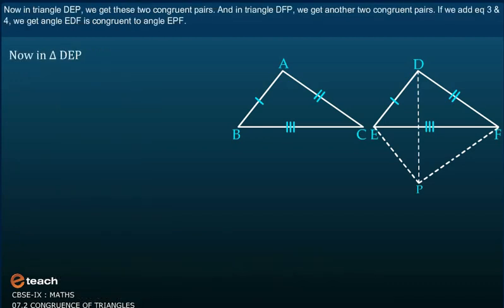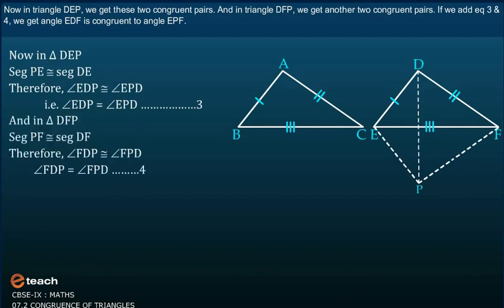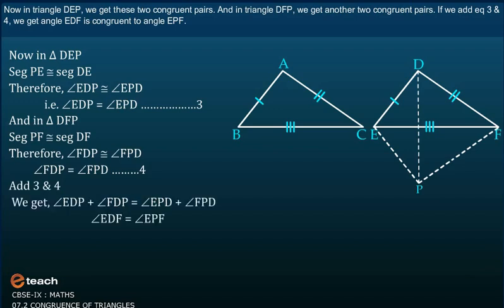Now in triangle DEP, we get these two congruent pairs. And in triangle DFP, we get another two congruent pairs. If we add equations 3 and 4, we get angle EDF is congruent to angle EPF.